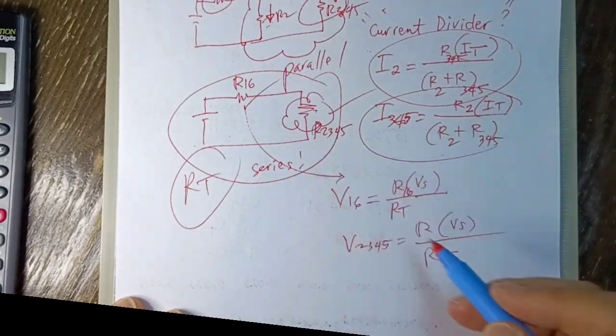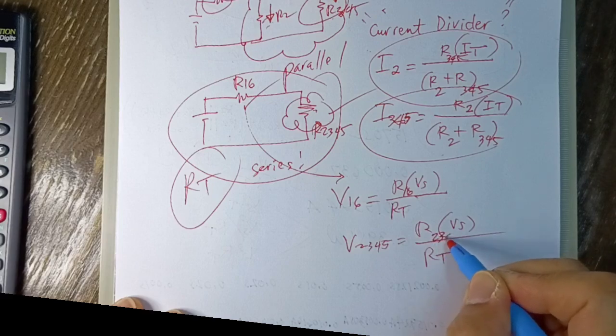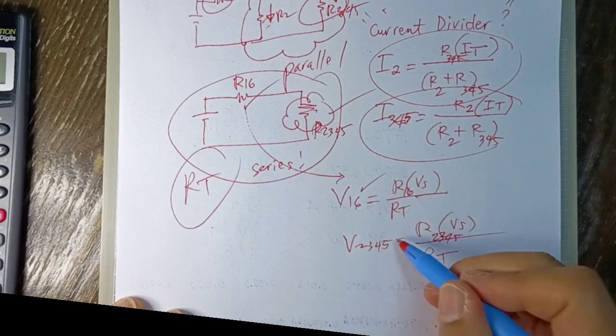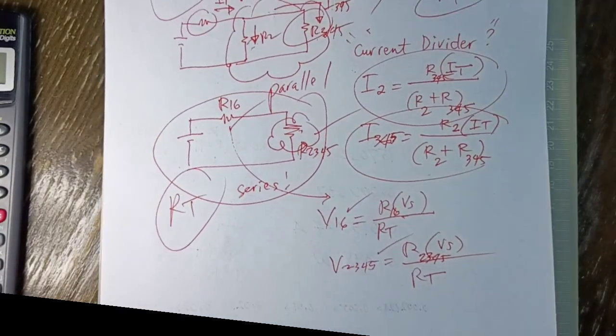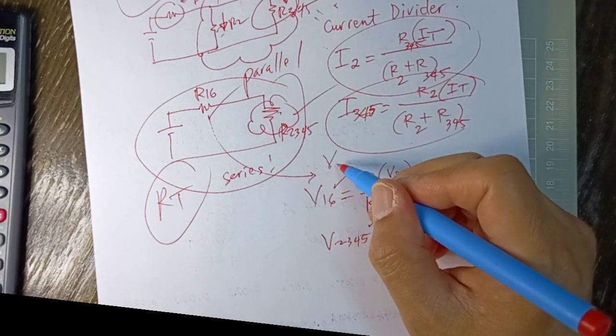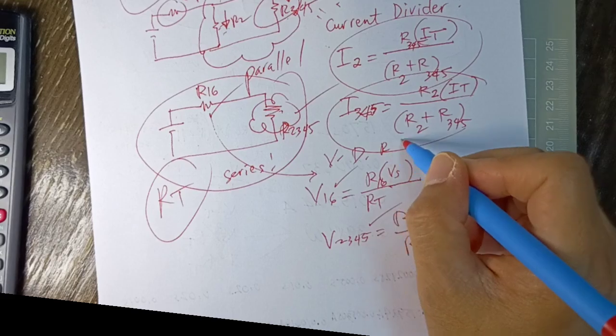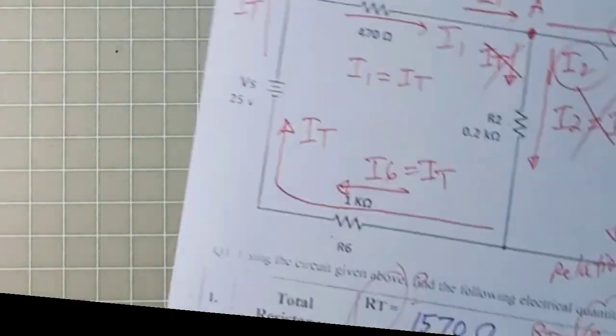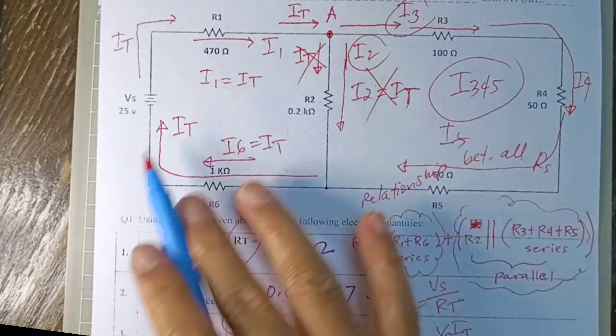And the R here will be the R16, and the R here will be the R2, 3, 4, 5. And you will get the V16 and the V2, 3, 4, 5. This is called the voltage divider rule.